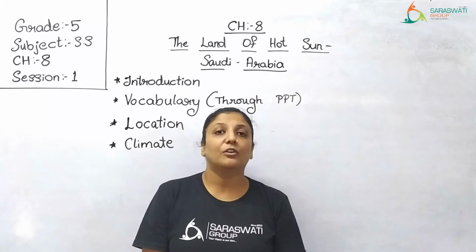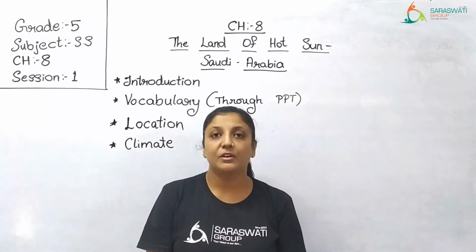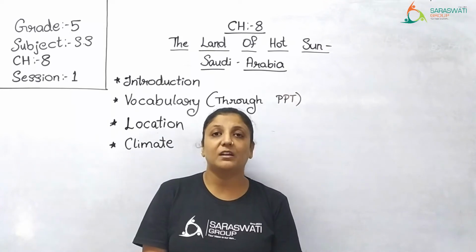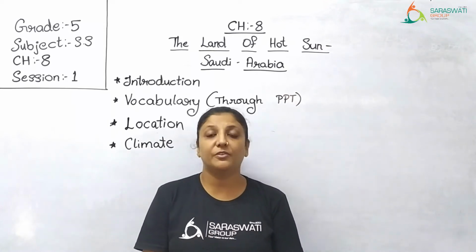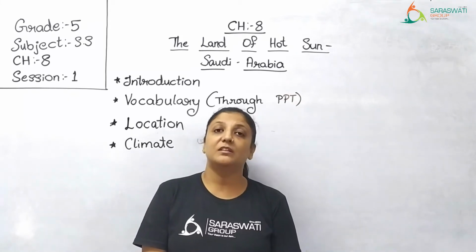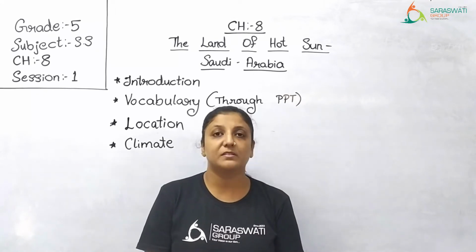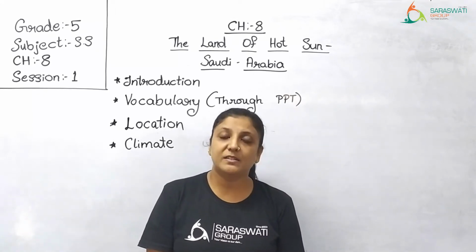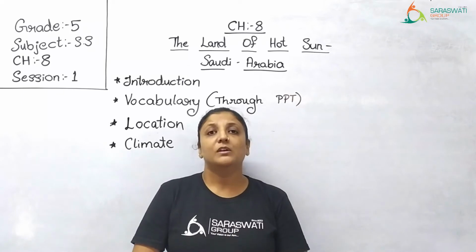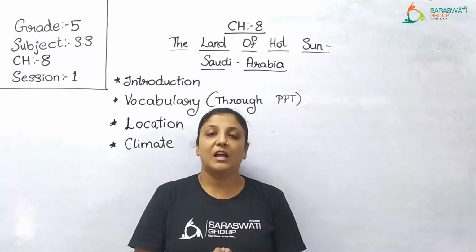The climates are quite opposite. So while you are learning this chapter, you can make a better comparison between the difference in the climate of both the places, the difference in the lifestyle of people living in these two places, and you will understand how the climate of a particular place affects the life of people.